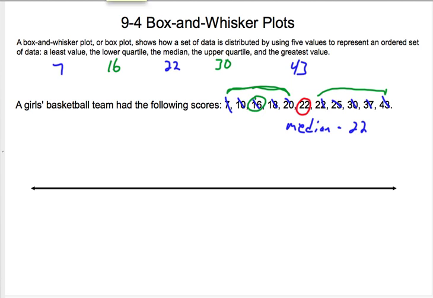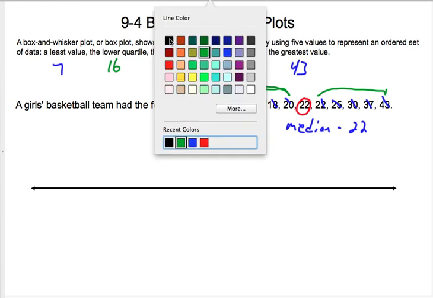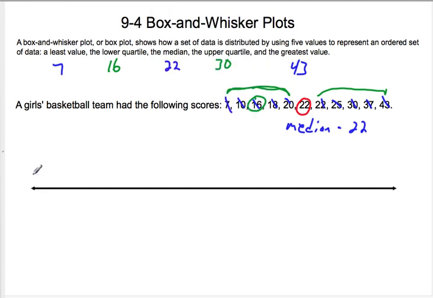We need to go all the way from 7 to 43. That's a pretty big gap, so let's try to go by 5s. So we'll start here at 5, 10, 15, 20, and so on. I think we'll make it.